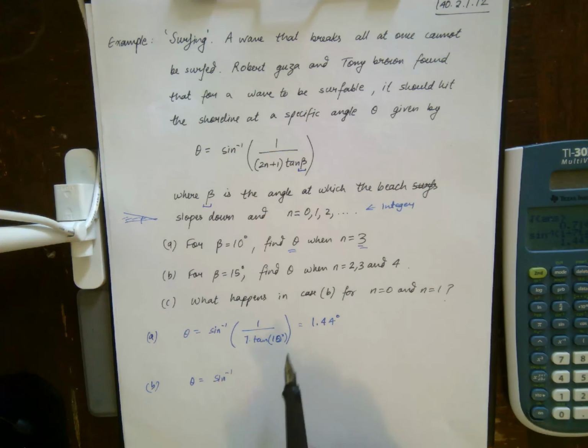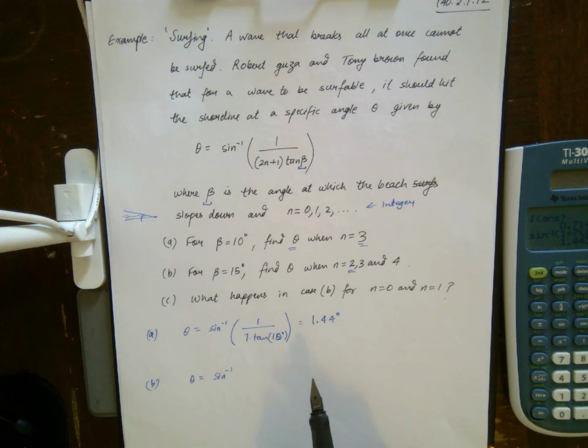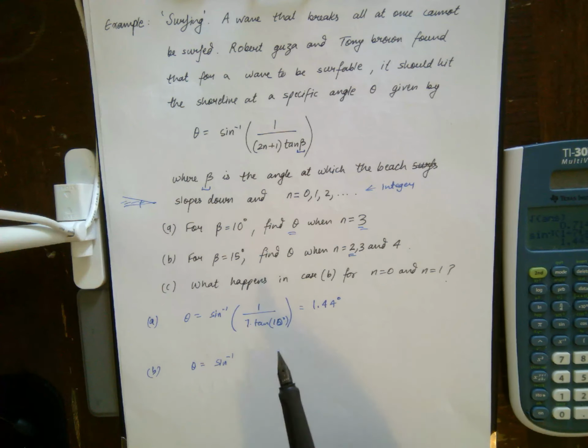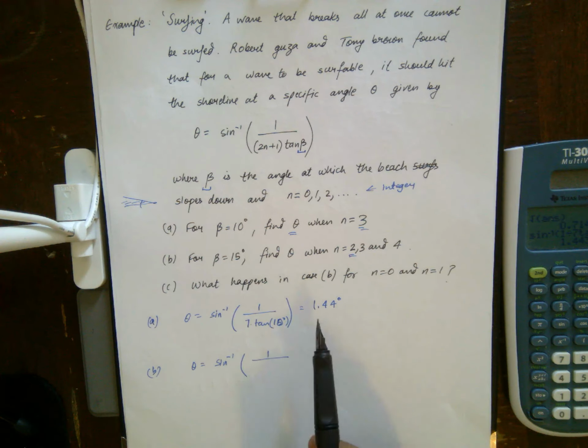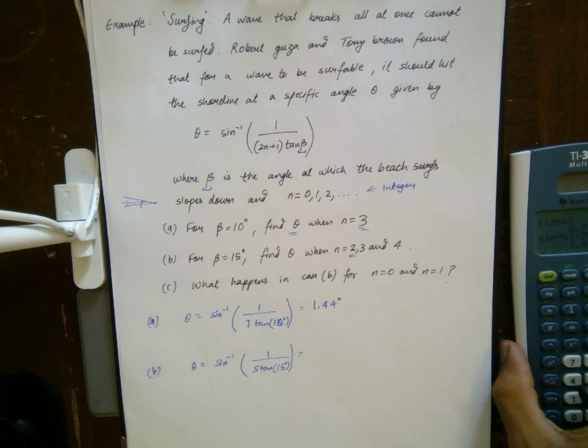Similarly, for beta equals 15 degrees, it says find theta when n is 2, 3, 4. I'll do 2 and you can do the 3 and 4 cases. When n is 2, 2 times 2 plus 1 is 5. So you have sine inverse of 1 divided by 5 tan 15 degrees. Again, it's the same setup.